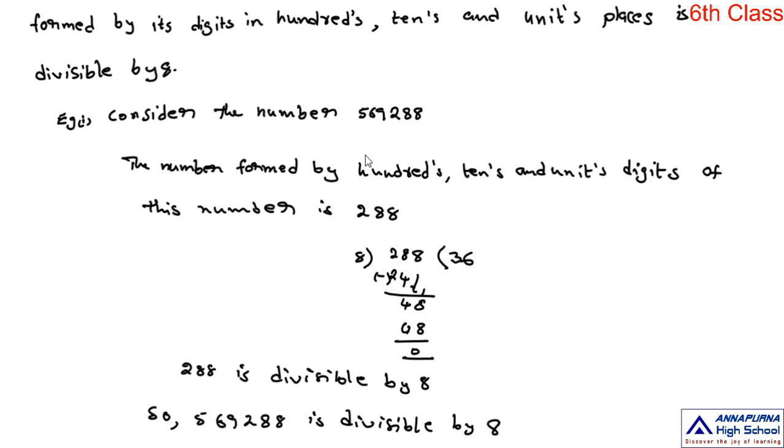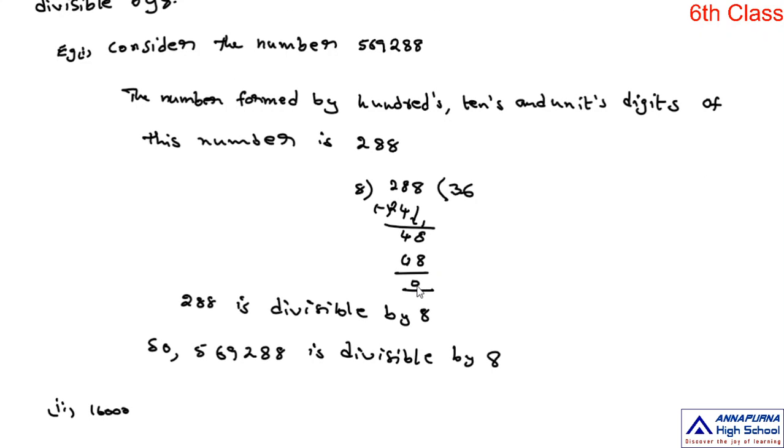Here I already explained this example. Note this example: 5,69,288. What is the number formed by the hundreds, tens and units digits of this number? That is 288. It is divisible by 8 because on division the remainder is 0 and we get 36. That's why 288 is divisible by 8.